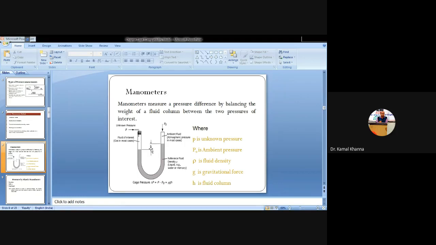The difference between the rise of the heavier liquid, let us say mercury, in the right limb and the fall in the left limb gives us the fluid column, or the pressure value at the point where the pressure is to be measured. So this is the working of the U-tube manometer.